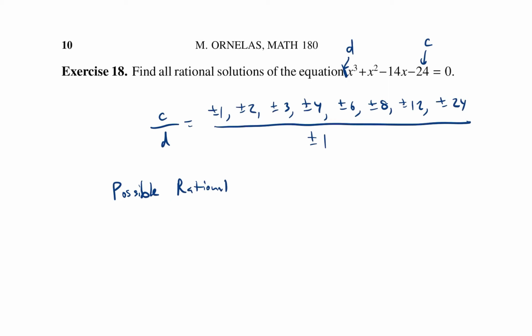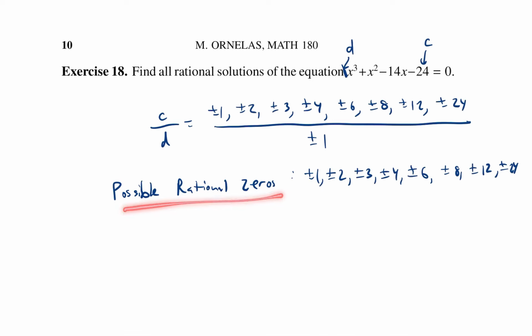So the possible rational zeros of this polynomial are just going to be the numerator. And as you can see, there's 1, 2, 3, 4, 5, 6, 7, 8 times 2 is 16 possible rational zeros.